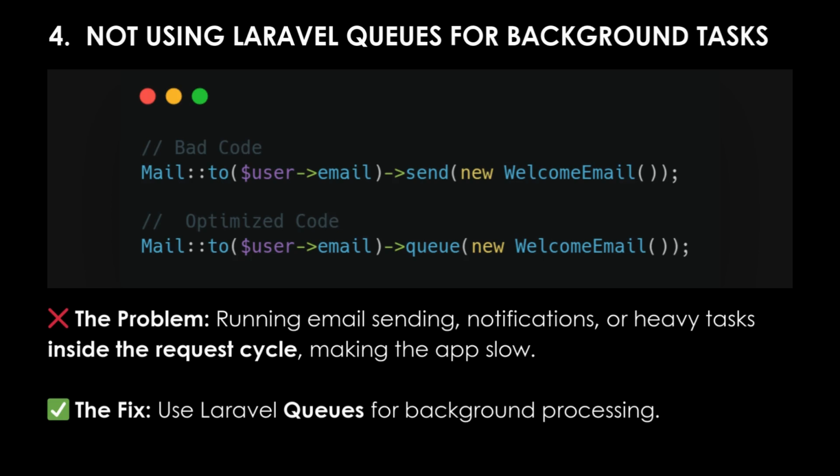The best practice is to use a queue to process the task in the background instead of sending the email directly. So the optimized one is Mail::to($user) and use queue, and then call the mail class. So now the email is handled by a queue worker and the app stays fast. So use queues for background tasks instead of sending directly.